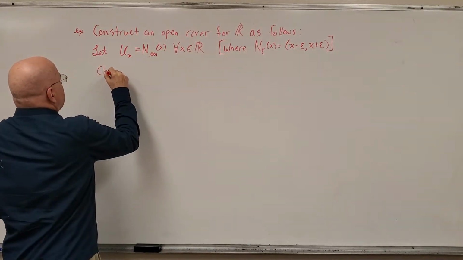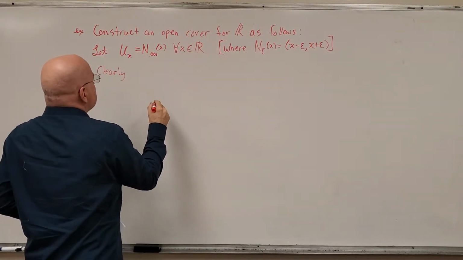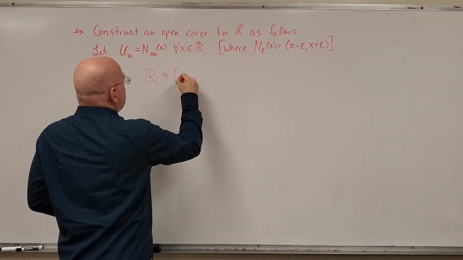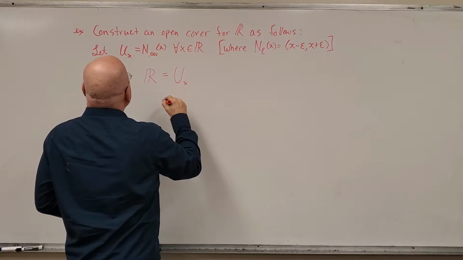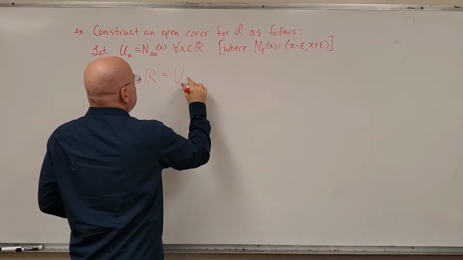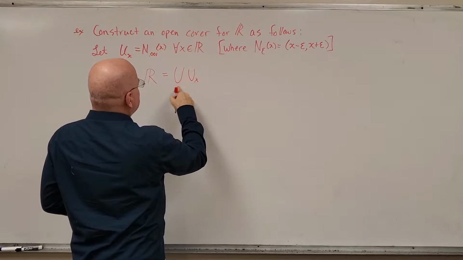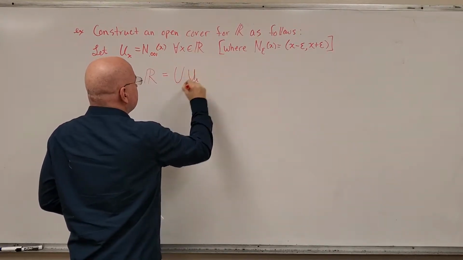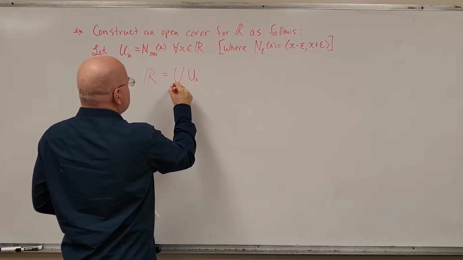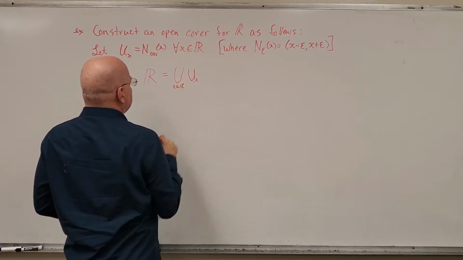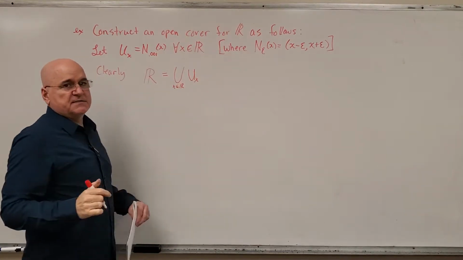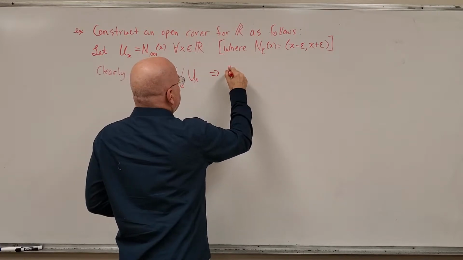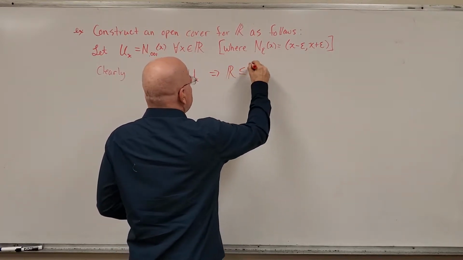So clearly, R, actually I'm going to say it's equal to the union of the U sub x's, where x is in the reals. So R is equal to this. They're exactly equal, which means that R is contained inside this union.